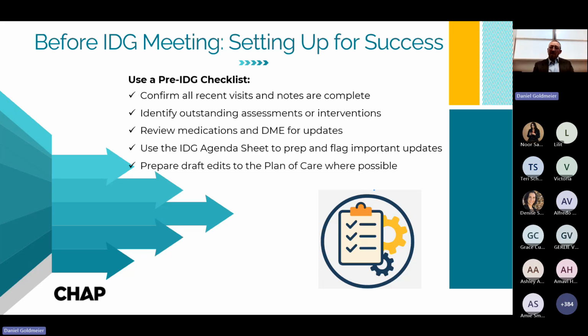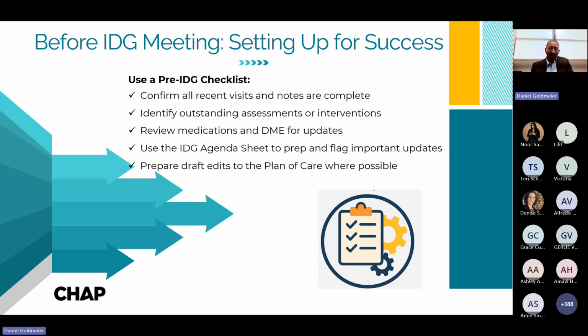And if you have something like an IDG agenda sheet or IDG checklist, you're able to sort those out in a way that makes sense to how you want to run IDG, starting by groups, and review all that information in the days leading up to IDG.